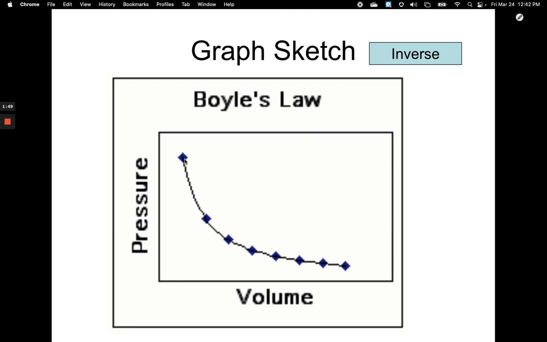If we increase the volume, you can see that the pressure is going down. Conversely, if we decrease the volume, the pressure is going up. So pressure times volume is always going to give us a constant, and in order to have that constant, they're going to have to vary inversely because it's a multiplication.